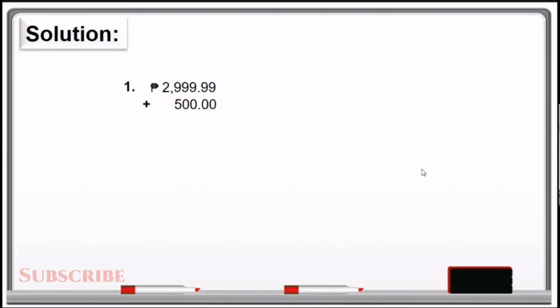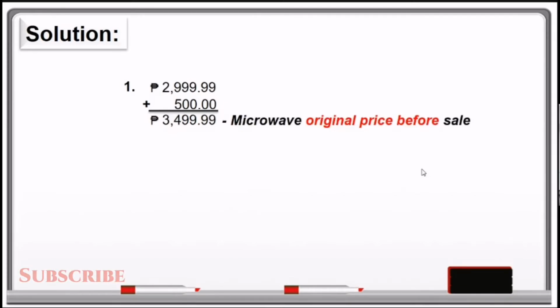Nabawasan na siya ng 500. So, ginawa natin, nag-add lang tayo ng 500 doon sa 2,999. Kasi ang original price niya talaga is 3,499.99 pesos before the sale.